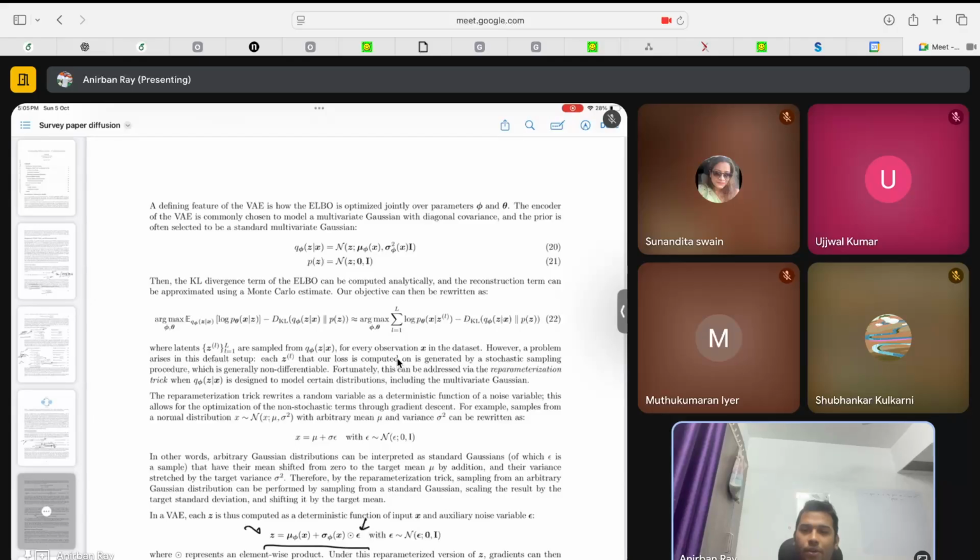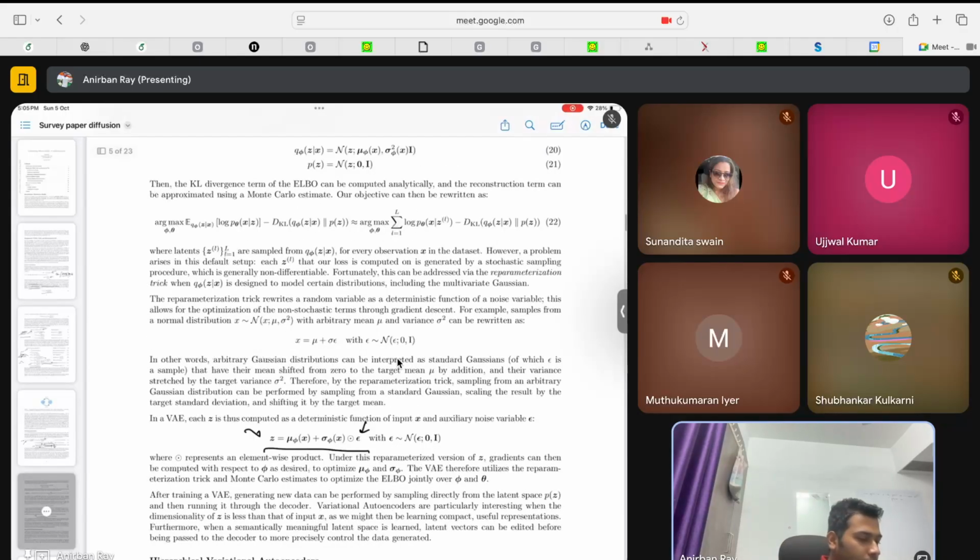How you calculate it: for maximizing the expectation you can approximate it by a sum, and the D_KL term, the KL divergence term, can be calculated algebraically, meaning a closed form solution is there. That is shown in the paper as well.